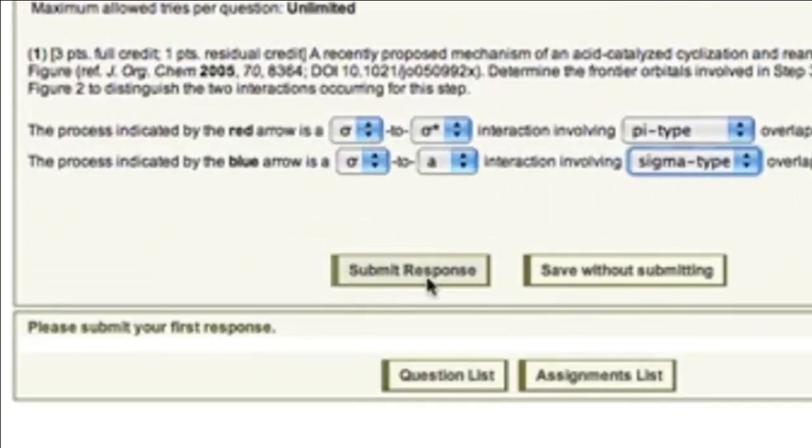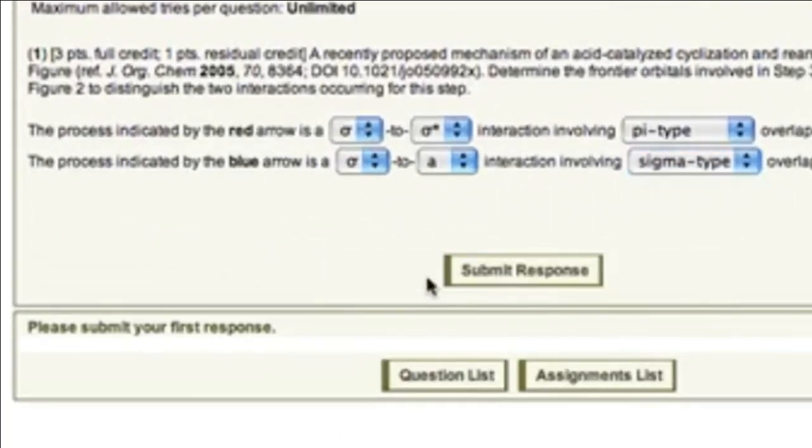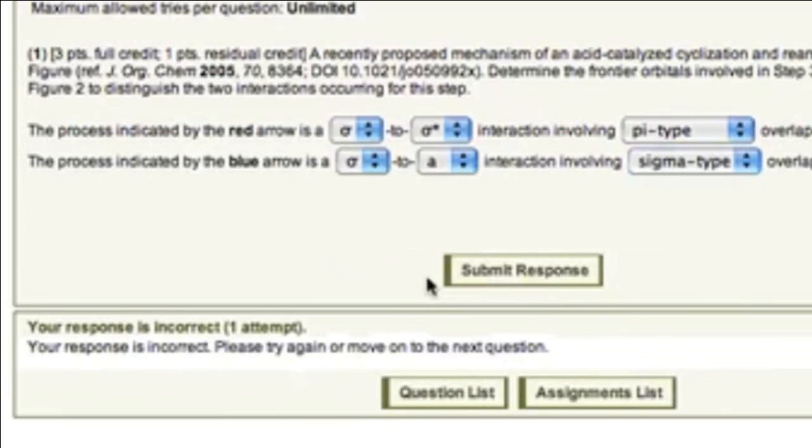So we can see here the student determined the sigma type interaction, but we notice that the response is incorrect. Let's take a second to notice how the mouse is just staying put. Maybe the student is trying to rethink everything and not just randomly choosing.